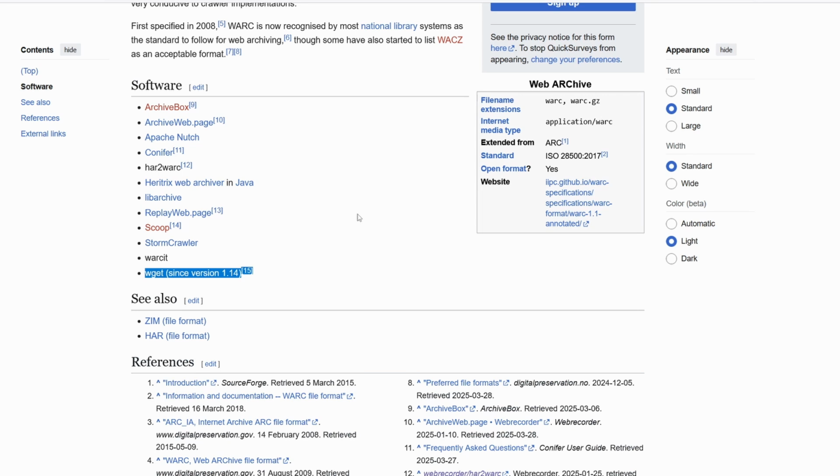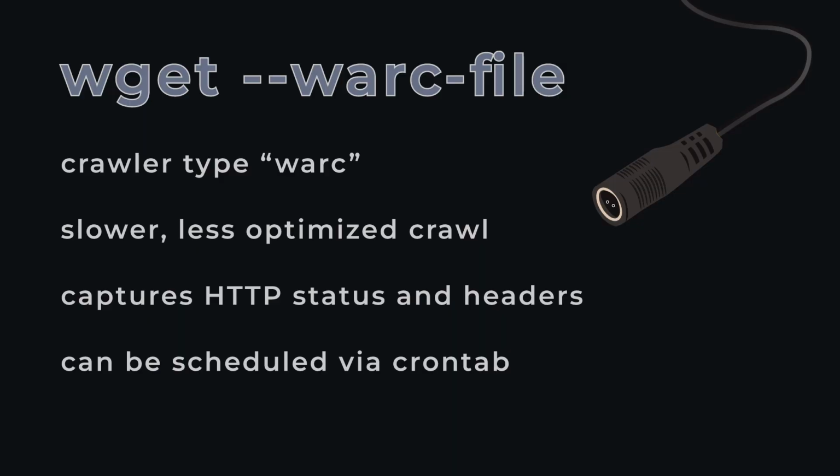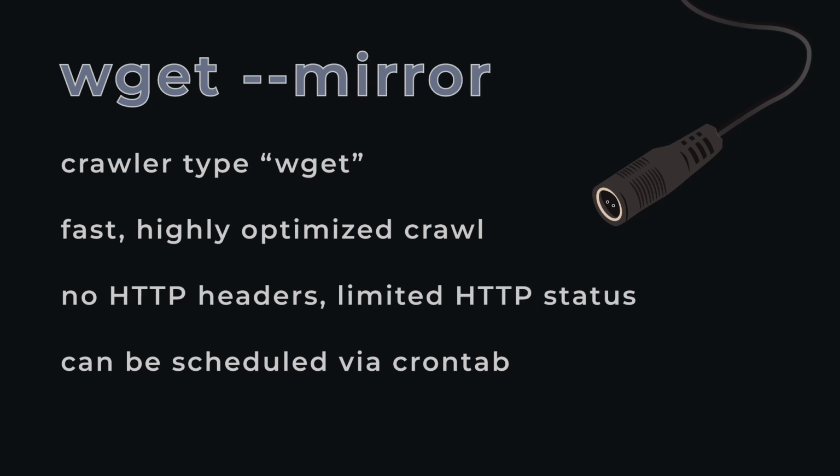However, on the plus side, what WARC does get is the status codes and the headers, where WGet mirror will not produce those. It will just save files to the disk, and then the indexer goes through the files. At that point, it's already lost the status codes and the headers. To summarize, WGet WARC is going to be more comprehensive, and WGet mirror is going to be a faster crawl. So pick your poison, or use a different crawler.